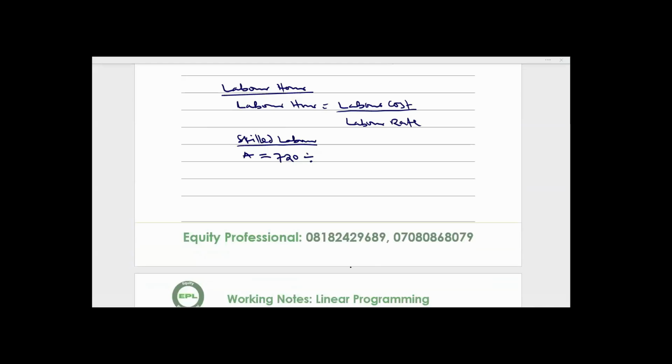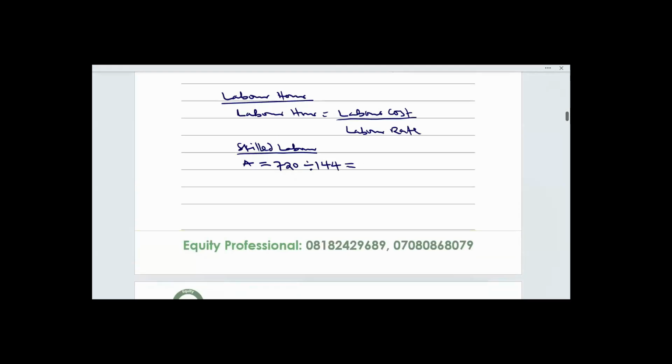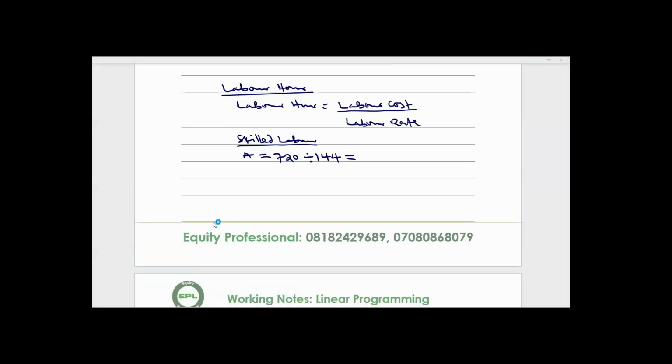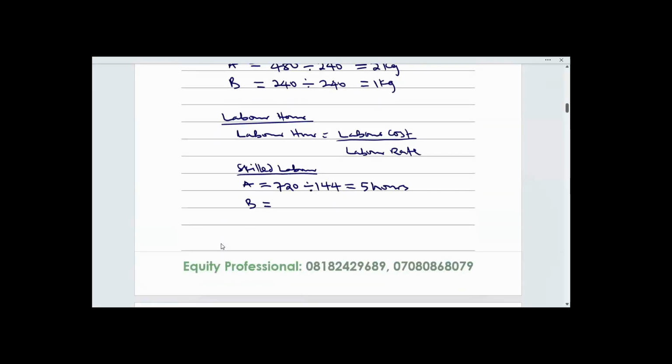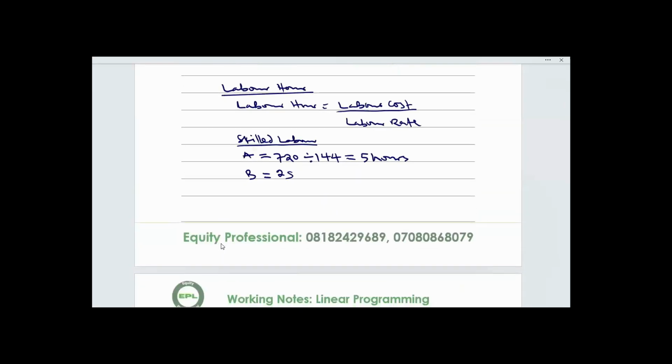So 720 divided by 144 is 5 hours. Then for grade B, labor cost is 288 divided by 144, which is 2 hours.